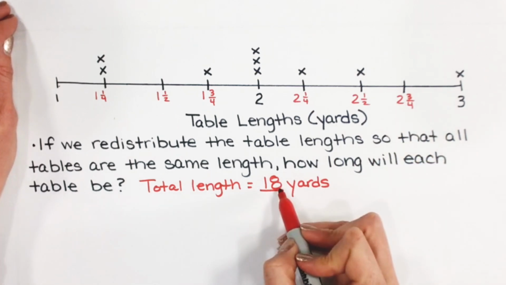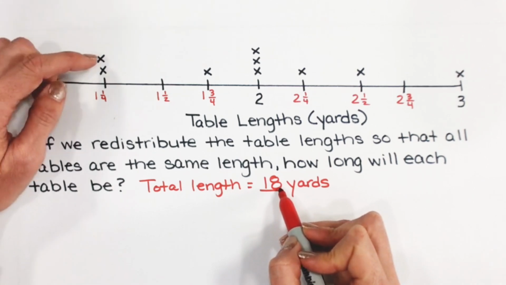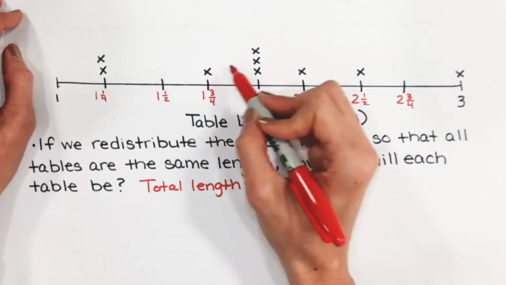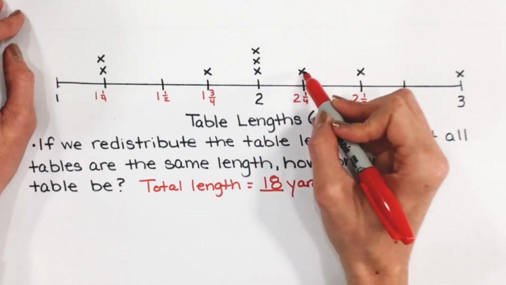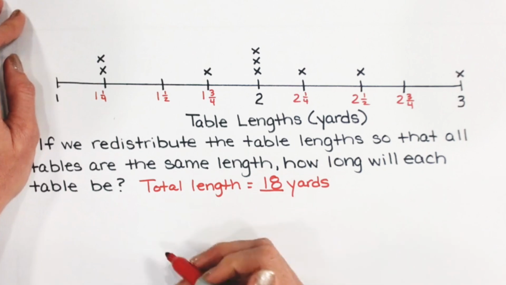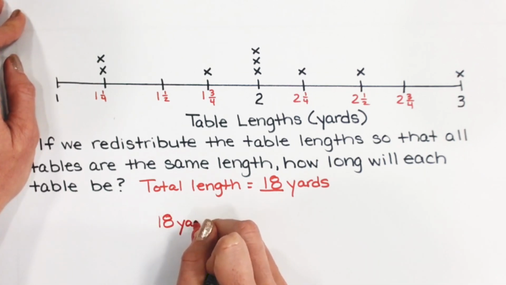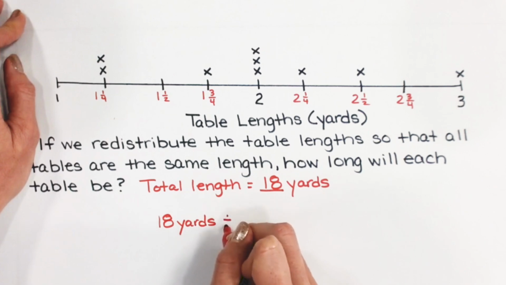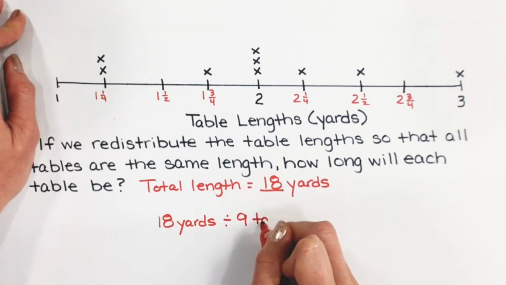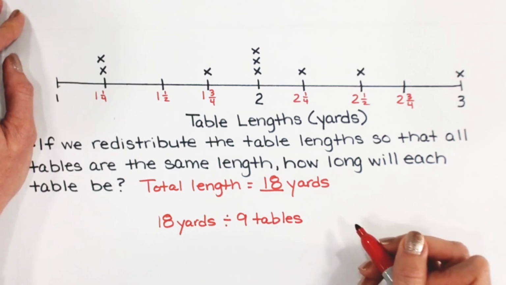So I'm going to take this 18 and I need to figure out, how many tables am I working with here? I have 1, 2, 3, 4, 5, 6, 7, 8, 9. So I'm going to take my total 18 yards and I'm dividing that up by my 9 tables so that each table will now be the same size.